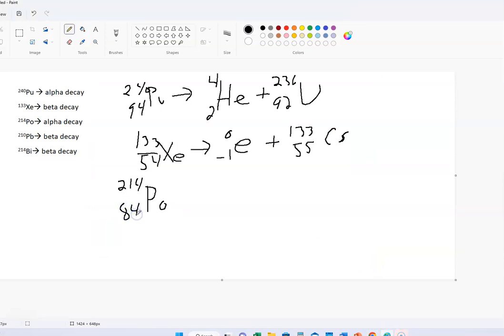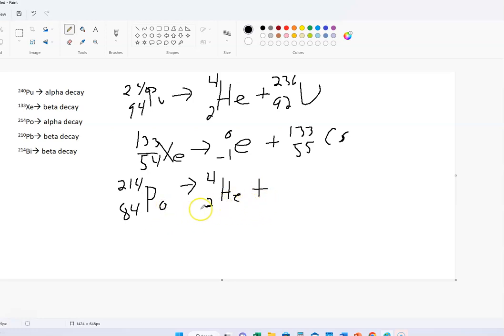This problem says it undergoes an alpha decay. So it's very similar to the first one. If we undergo an alpha decay, this breaks apart into a helium nucleus. So there's the helium, that's the alpha, plus. Again, you just add up.